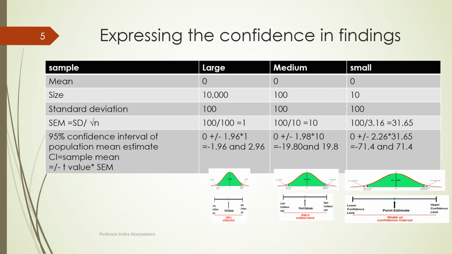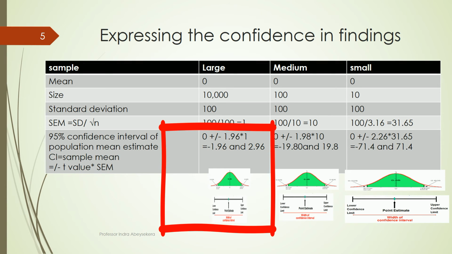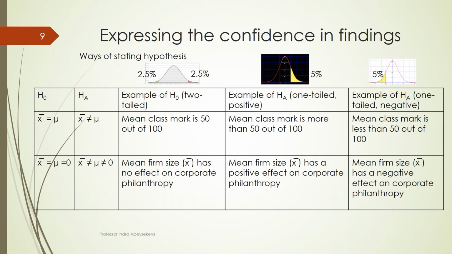And for the large sample, t-value is 1.96, and the range within which the population mean will lie is minus 1.96 and plus 1.96. When we test hypothesis, null hypothesis we express as estimated sample mean equals the population mean.